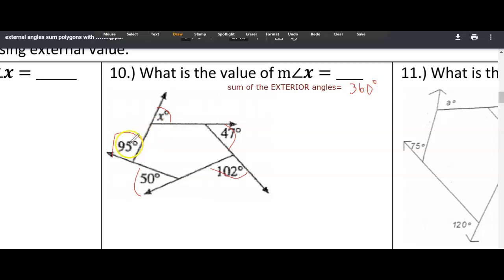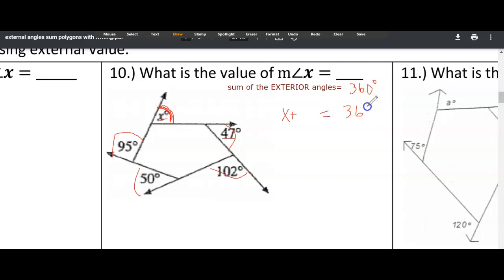So adding all these up would give me 360 degrees. So we have to set up our equation. Let's count the x's. There's only one x, so I'm going to put x plus, now count up all the other measures: 147, 102, 50, and 95. Add them all up, and that should all give you 360 degrees.